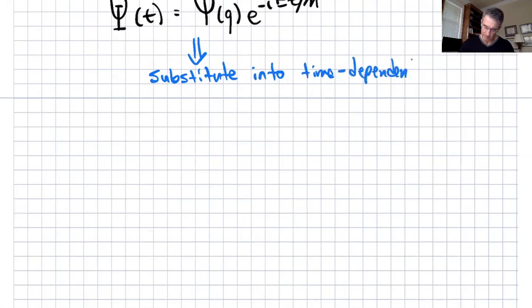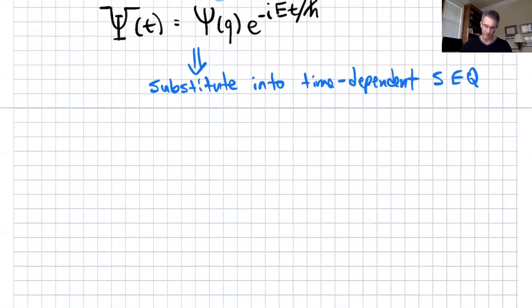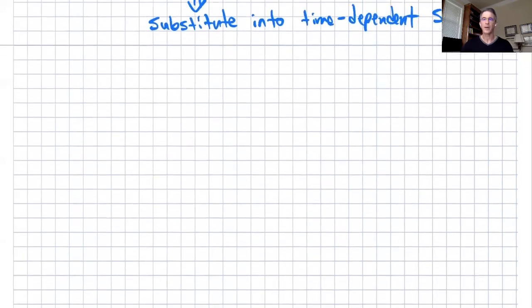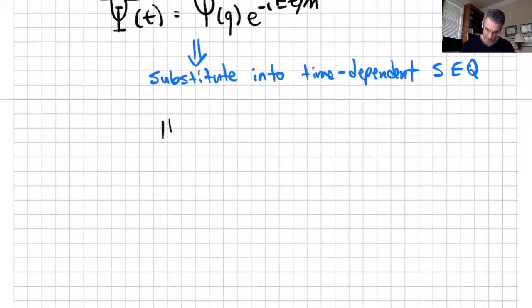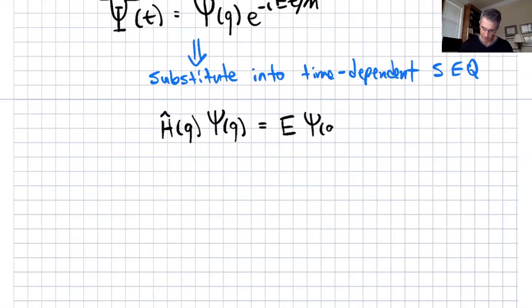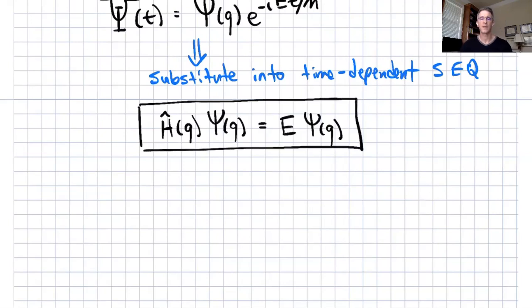Substitute into the time-dependent Schrodinger equation and solve, and what you find is that the following equation drops out: that time invariant Hamiltonian times that time invariant wave function is simply equal to E times the time invariant wave function, which means that the time invariant wave function of this system is an eigenfunction of that time invariant Hamiltonian, right?